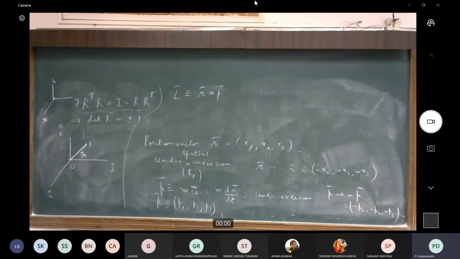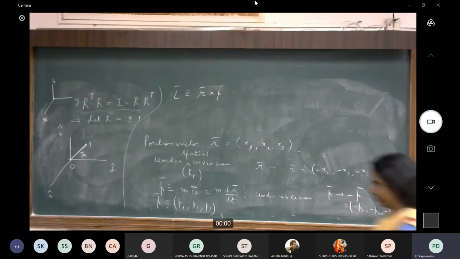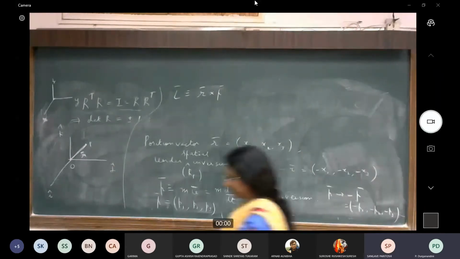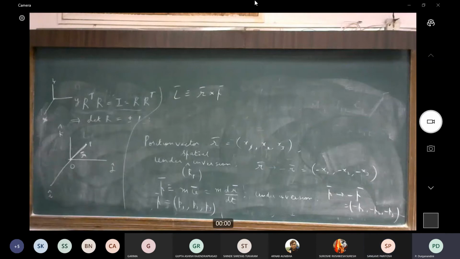You have taken two vectors and taken the cross product of them. What object will I get? Angular momentum. How does it transform under a proper rotation? Does it transform like a scalar, like a vector, or a tensor of rank 2, or what? Like a vector. That's what.